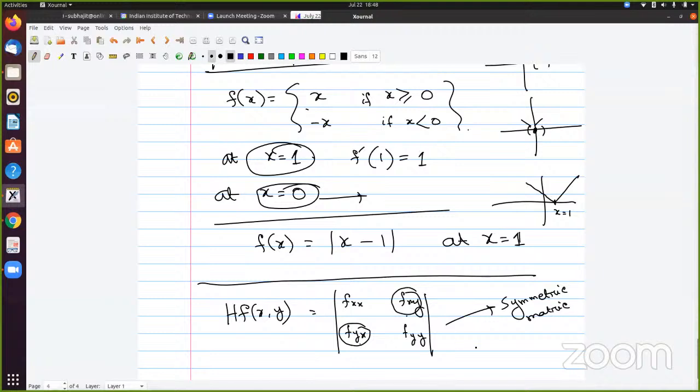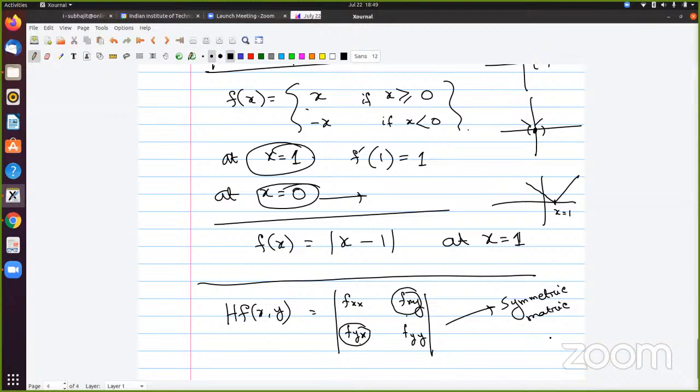Otherwise, it may not be. So that is the only point which affects the critical points, no other property will be affected. So we can proceed as before. Although it's not a symmetric matrix, we can go with those conditions to find local minima and local maxima. Yeah, definitely, we can proceed like that.